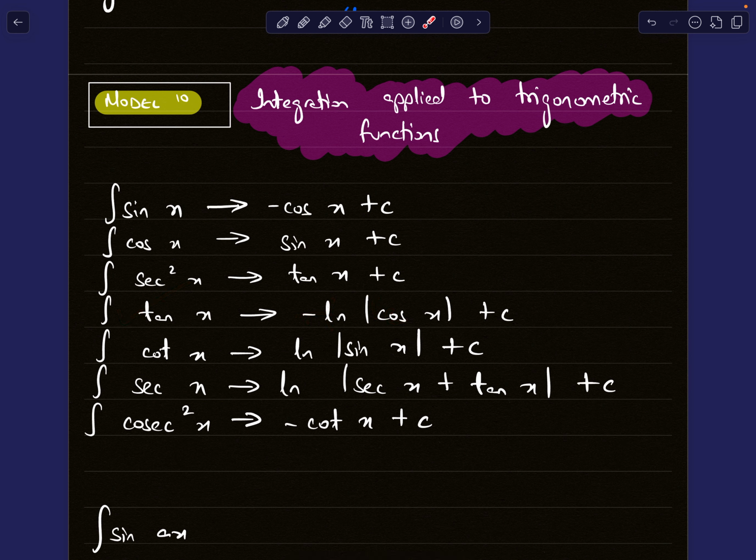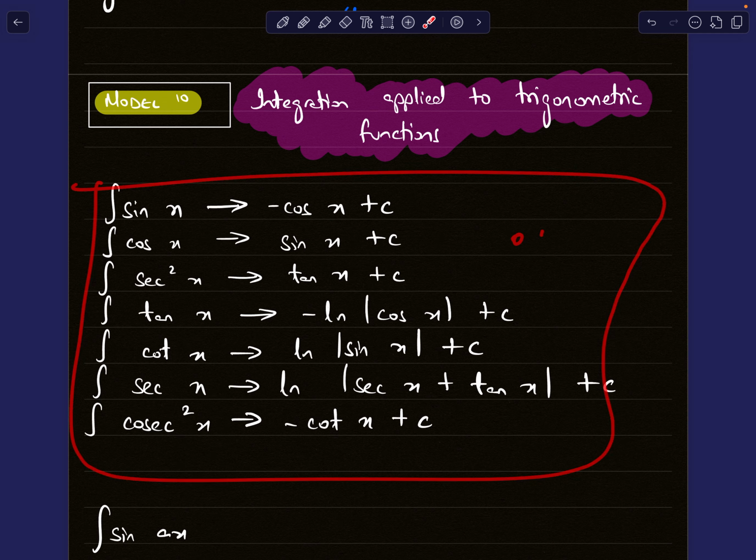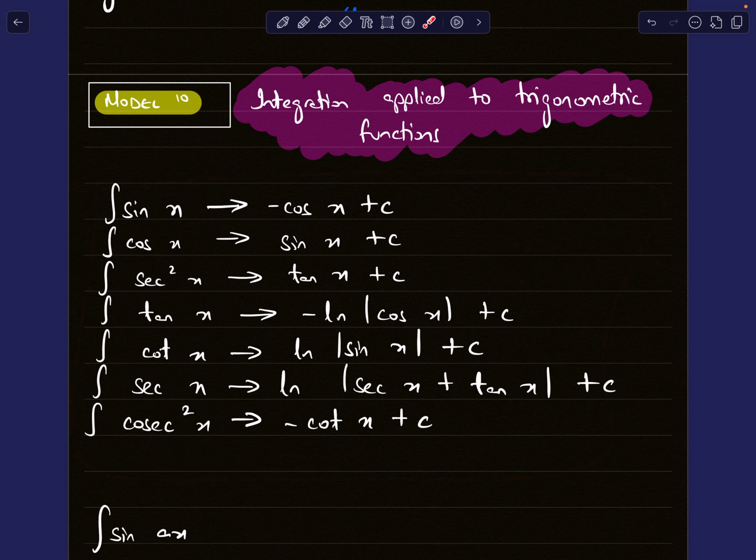Remember that you have to remember all of these basic integrals, and this looks like ln modulus because ln cannot have a negative thing. Similarly, moving on, the integral of cot x is ln sin x, and so on. Again, these are the basic integrals which you have to remember.